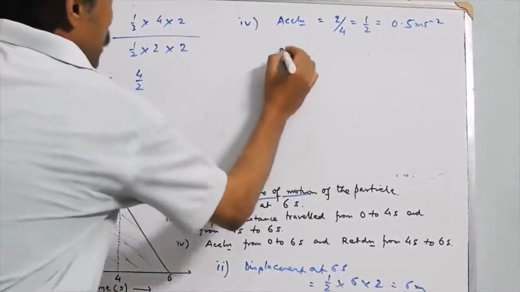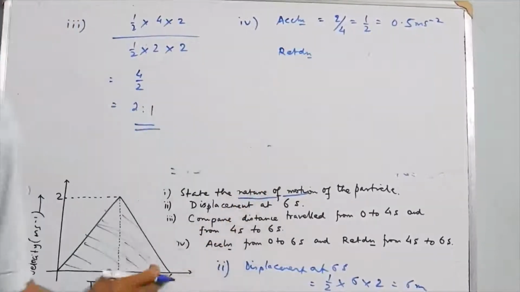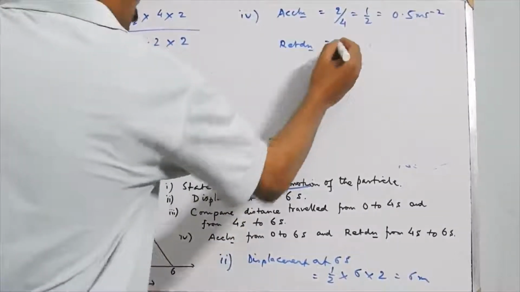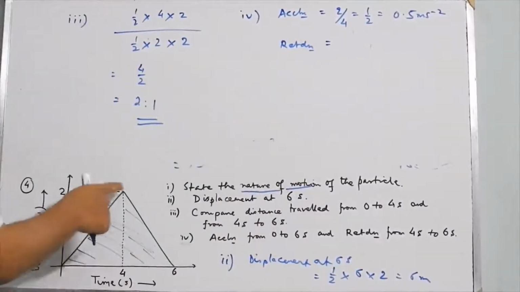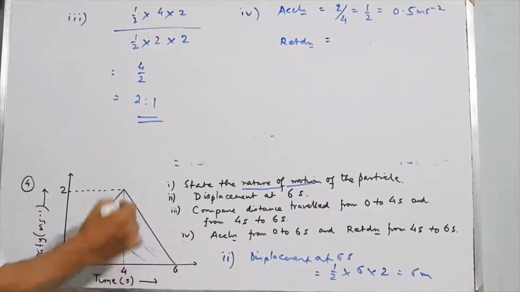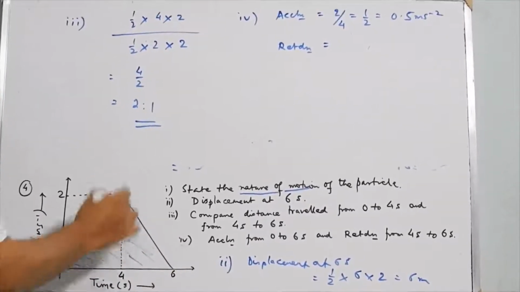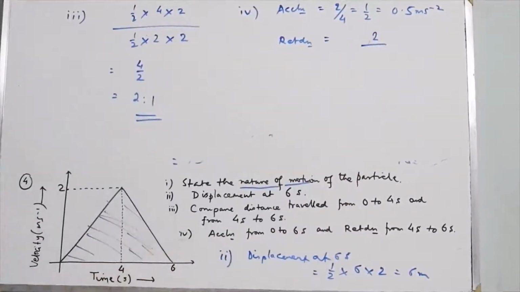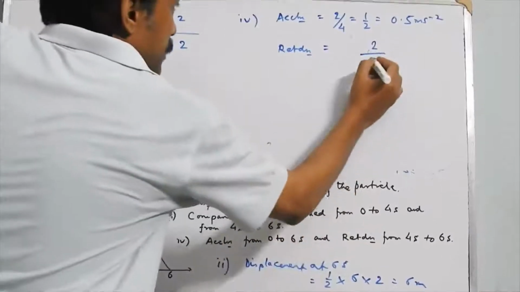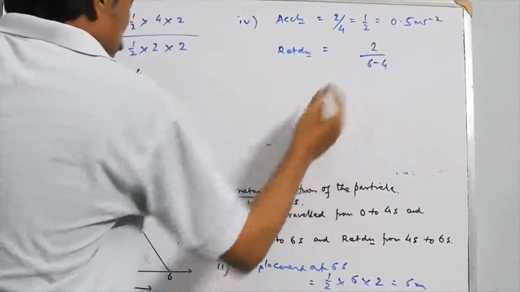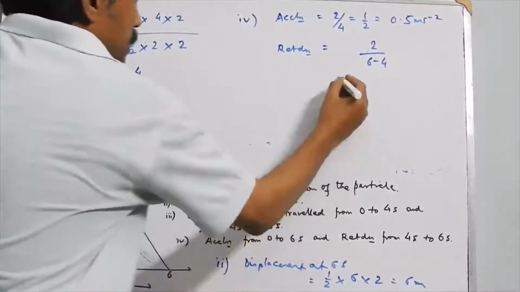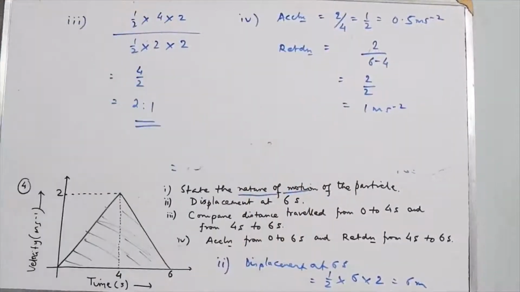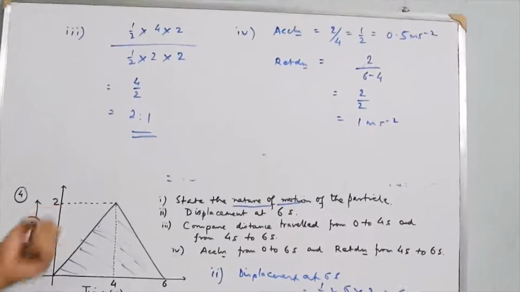And for the retardation in the next 2 seconds, it is equal to the slope of this section of the graph, that is height by the base of this right angle triangle. That is 2 divided by 6 minus 4, that is 2 upon 2, that is 1 meter per second square is the retardation.